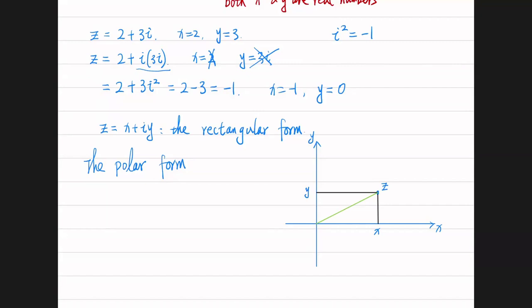Okay, so given a complex number, we can find the real part and the imaginary part.